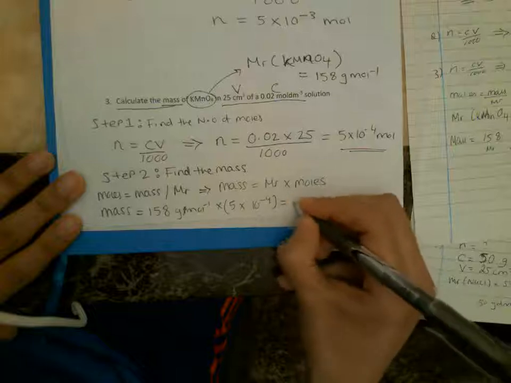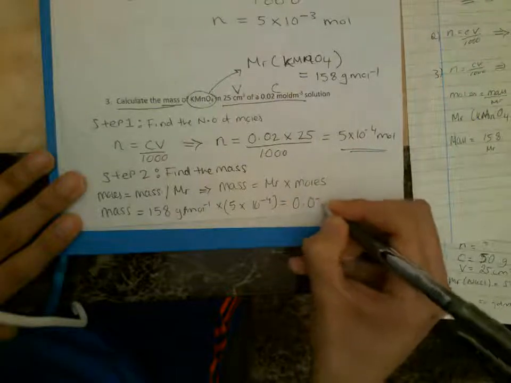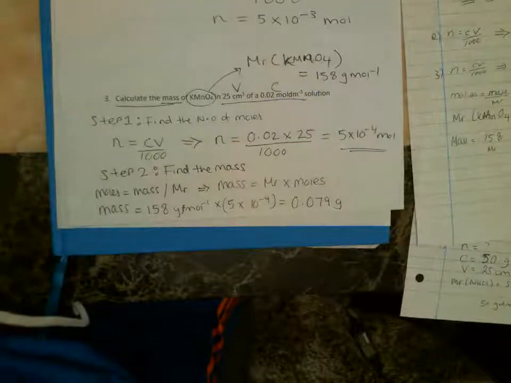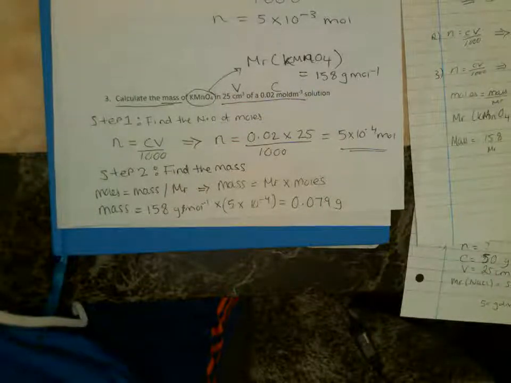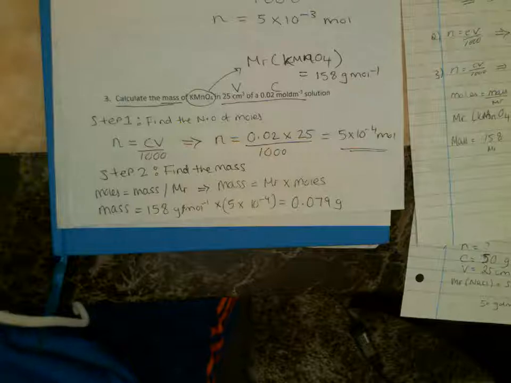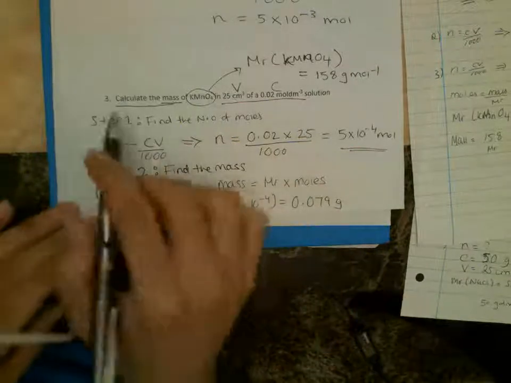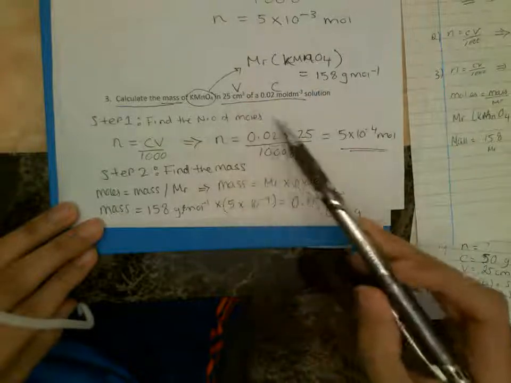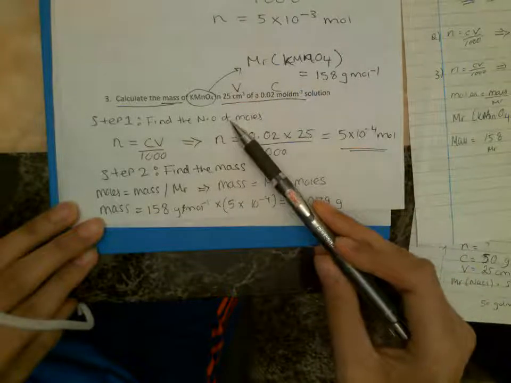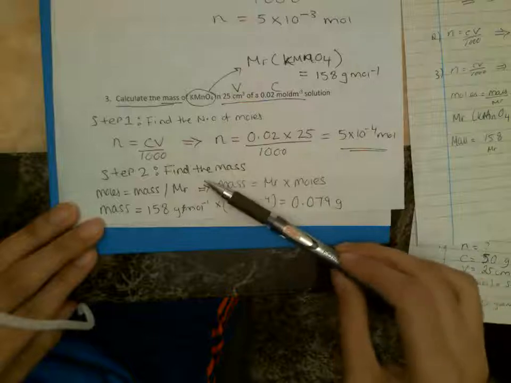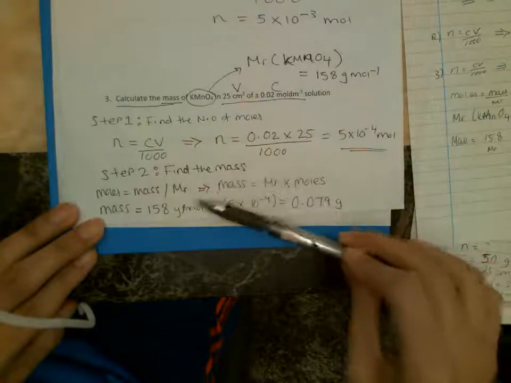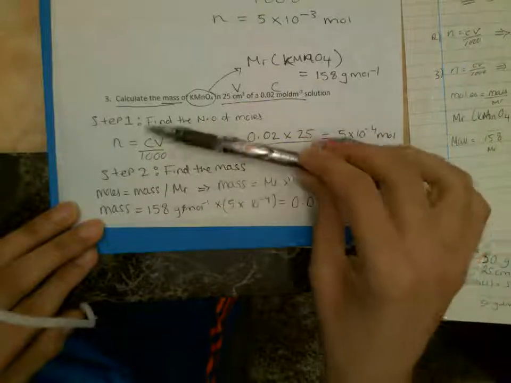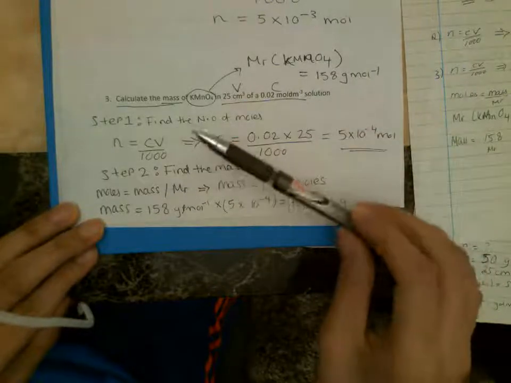And we should get a value of 0.079 grams. So I hope that clears up some confusion on some of the harder questions. It's combining our knowledge from finding the moles of a solution and then applying our moles equals mass over Mr equation and rearranging it to find mass. As chemists you're going to have to do this sort of thing often.